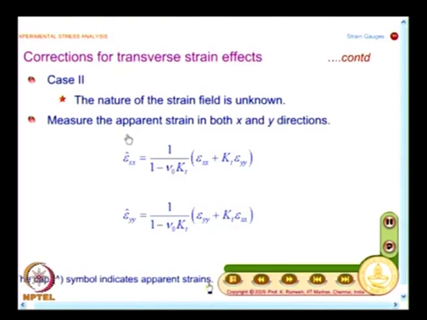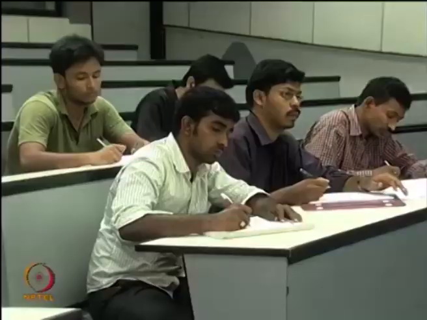See, when you are looking at finer aspects of strain gauge instrumentation, I introduce the concept of apparent strain, which we will also see in other cases. Whatever you see in the strain meter is only an apparent strain.